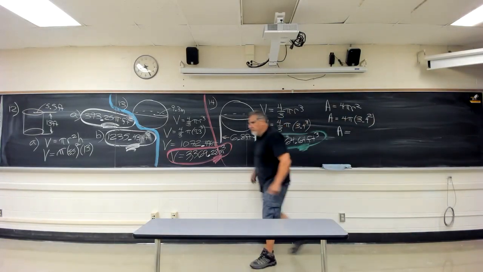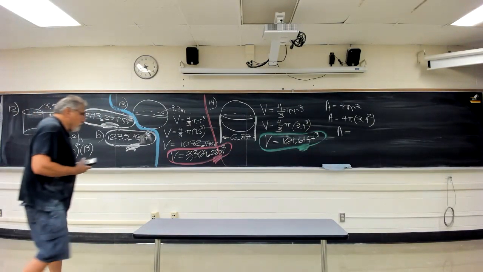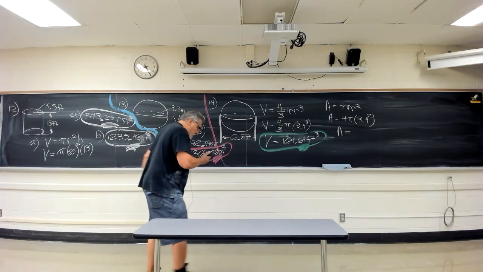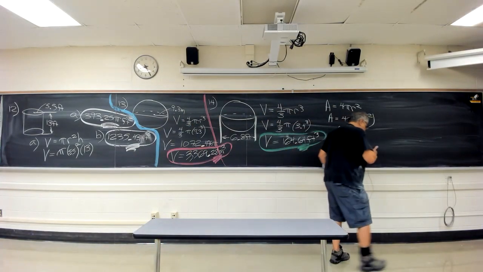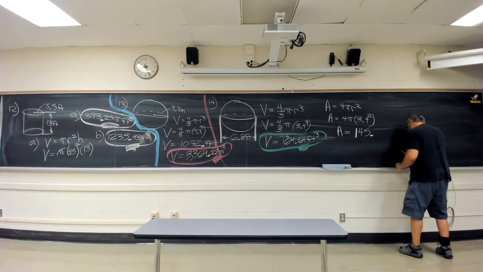These are approximate answers. 145.2672, that is 145.27.